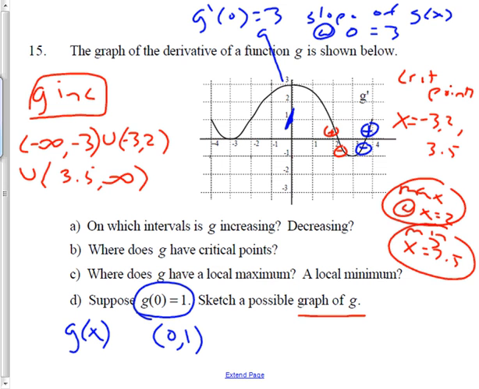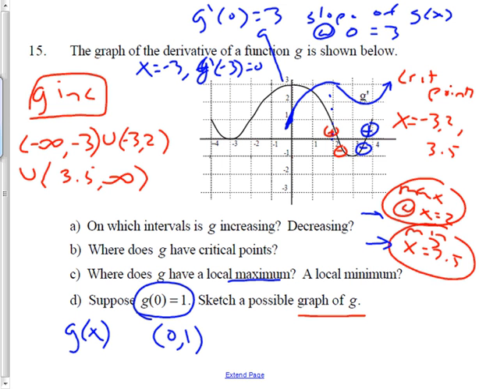And then we know that we're going to have a local max at x equals 2. So at x equals 2, we're going to have something like that. And we're going to have a local min at x equals 3.5. So it's going to come down, go back up. And those are our only max and mins. And we know that when x equals negative 3, g prime of negative 3 equals 0.